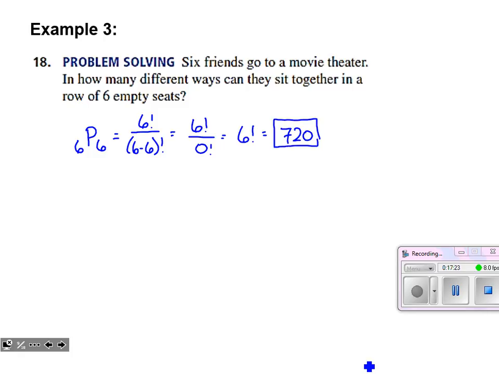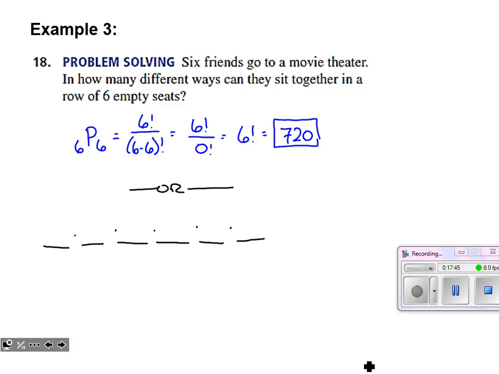Or you might think of it more visually. Maybe you think, okay, here are the 6 seats. And you may think of it more like a finishing a race problem. So we've got these 6 friends that are going down the aisle to get to their row of seats.